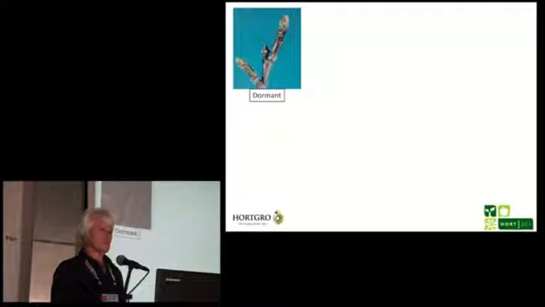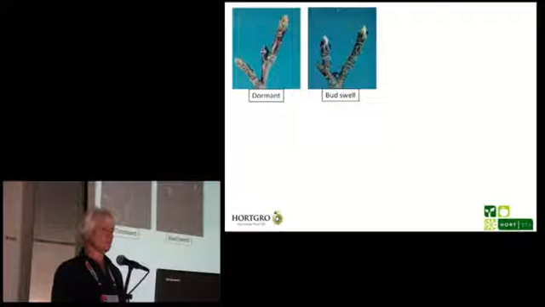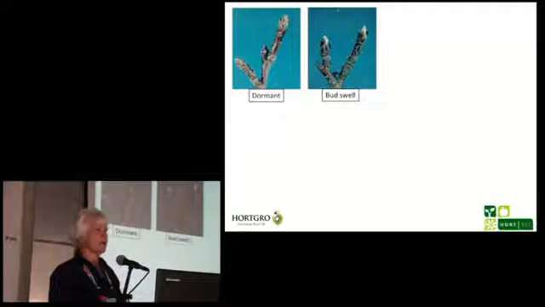Then about 3 weeks before full bloom, depending again on the area and the climate, the bud swell will start. And we know that some of the manipulations that we do in orchards, we aim at bud swell. So it's very important to see that difference, where there's just a very small increase in size as the buds start to develop in spring.